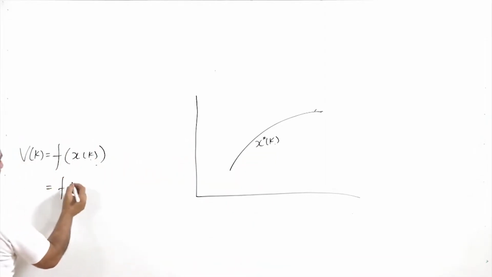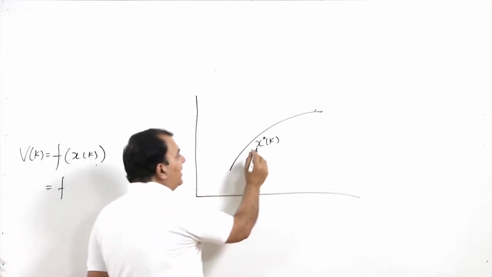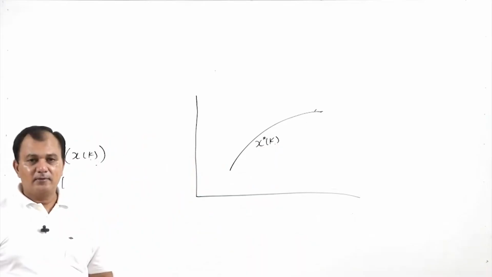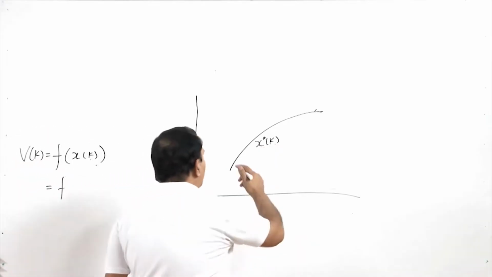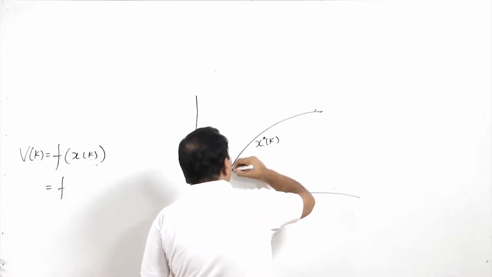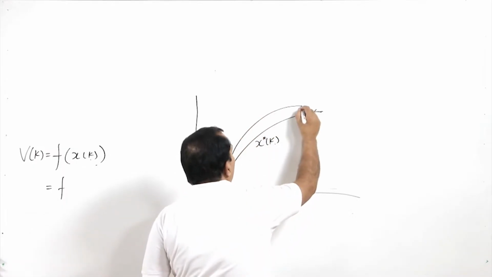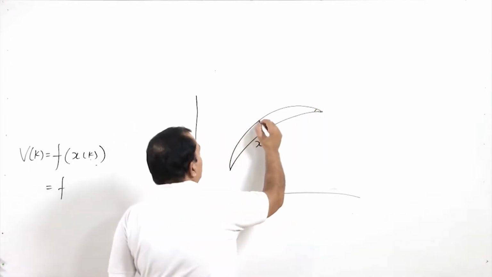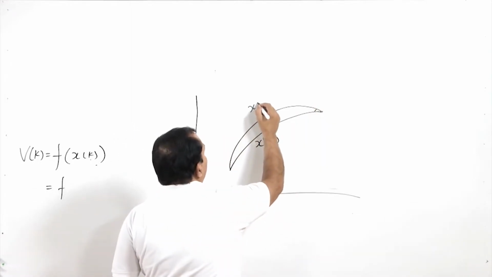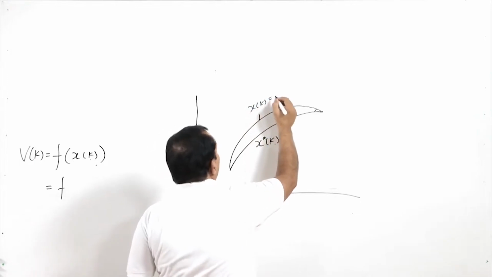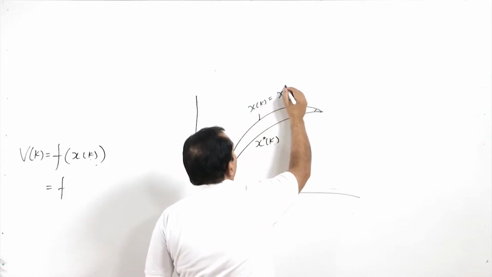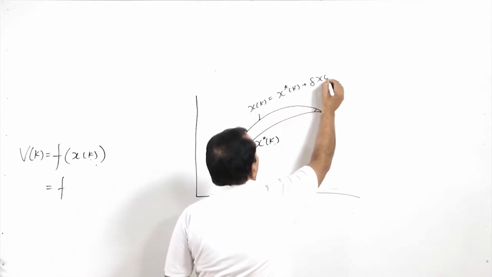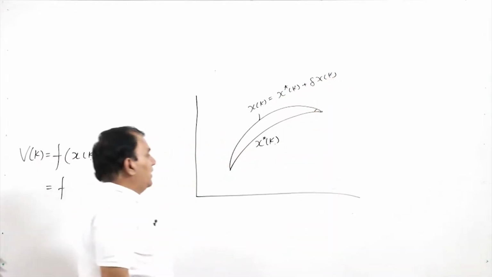So, we are considering that this xk is the optimal value of x, and we are considering a variation as xk, which is nothing but x star of k plus delta x of k.